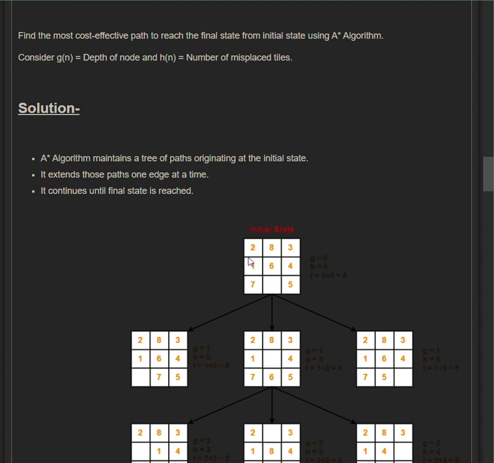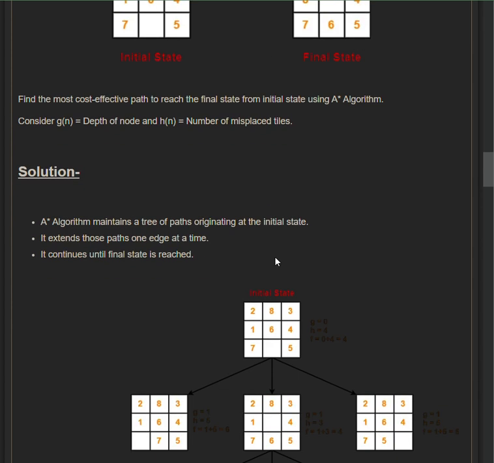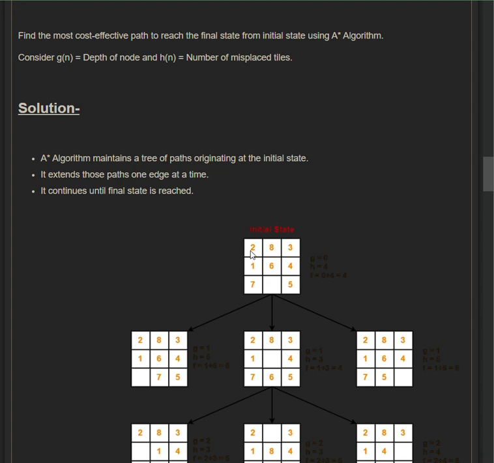Suppose the final state is 1, 2, 3, 4, 5, 6, 7, 8. Okay, this is the initial. Now we know 2 is misplaced, as well as 8, 1, and 6. The rest of the numbers, like 3, 4, 5, and 7, are not misplaced. So the total number of misplacements is 4, and the depth of the node is 0.